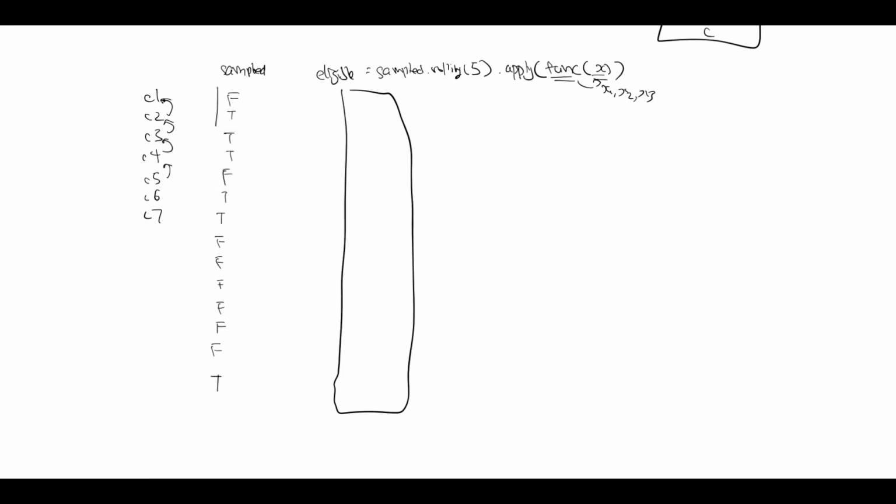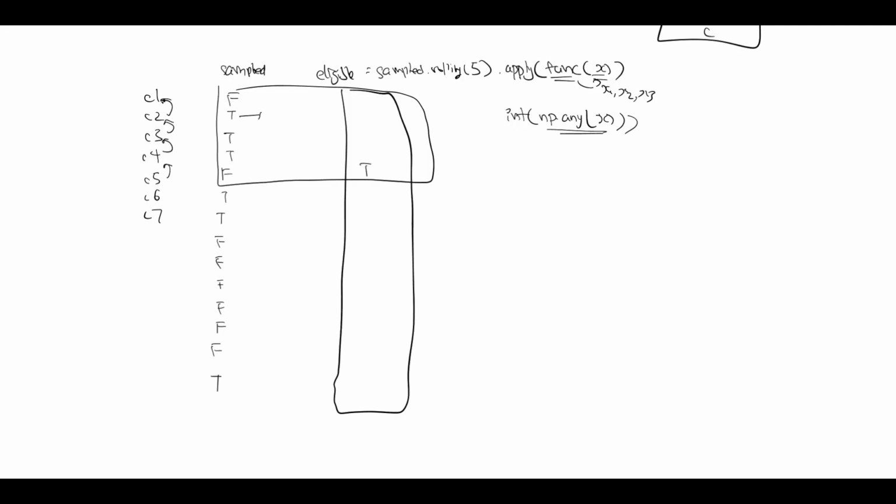We did something like int(np.any(x)), right? So what this does is see if any of these is true. We have at least one true, so this would be true. We have 3 true, which is at least one true, so this would be true.